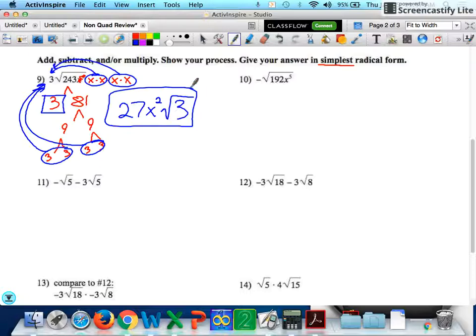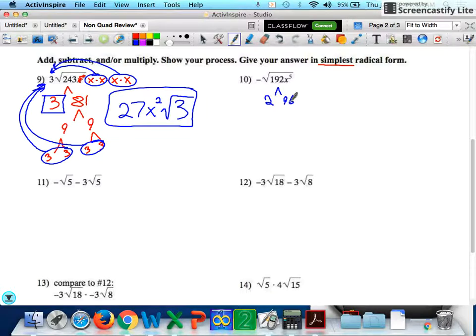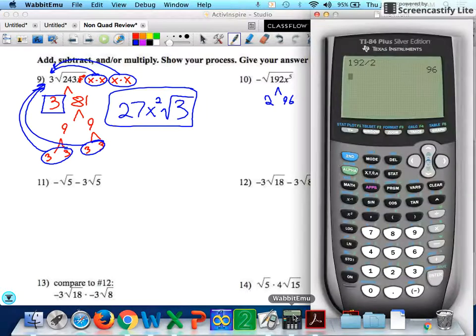Okay? Number 10 is a similar problem. We're going to start by breaking down 192. Again, you could come up with some bigger numbers that go into 192, but I'm a simple man. If it's an even number, I'm going to just divide it by 2. I'm going to get 96. I'm not great with my times tables. Maybe you are, but I know that 96 is even, meaning I can just divide by 2 again and get 48.